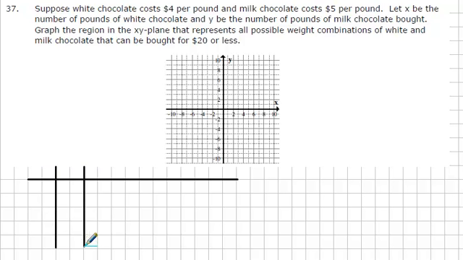In the second column, we'll put a value of y. In our third column, we'll calculate the cost of the white chocolate. In the fourth column, we'll put the cost of the milk chocolate, and then in the last column, we'll put the total cost.